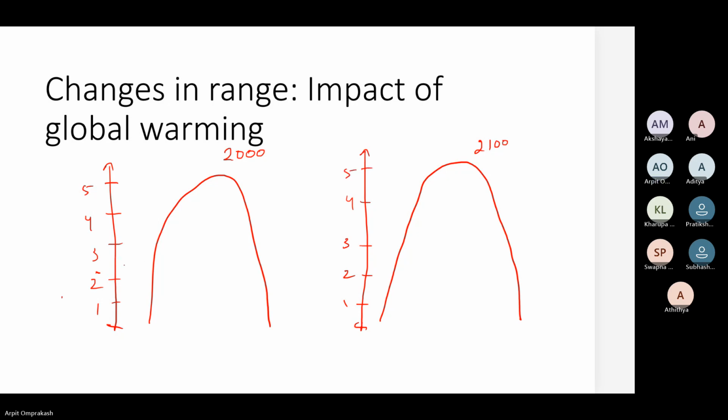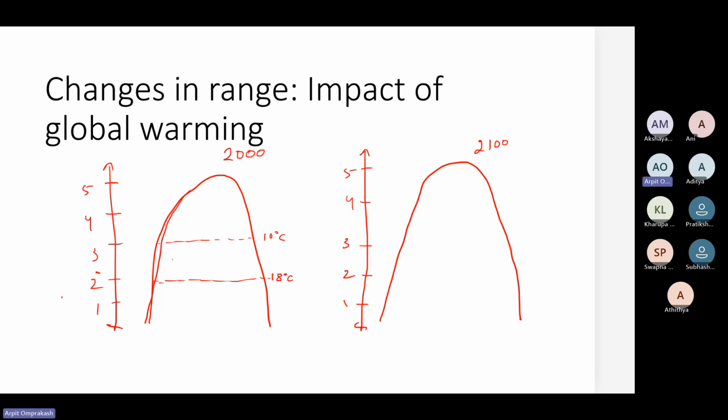Earlier, due to the altitude and the amount of sunlight falling in this area, this region had a temperature of, let's say, 18 degrees, and this region around 3,000 meters had a temperature of, let's say, 10 degrees.